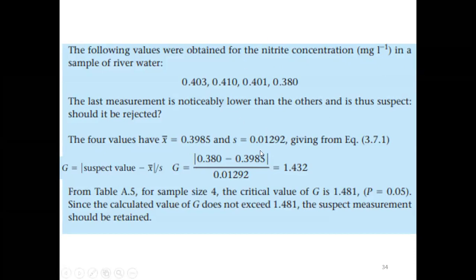Therefore, we ignore the negative sign, and when we divide it by the standard deviation, we end up with 1.432. That is the calculated G statistic.